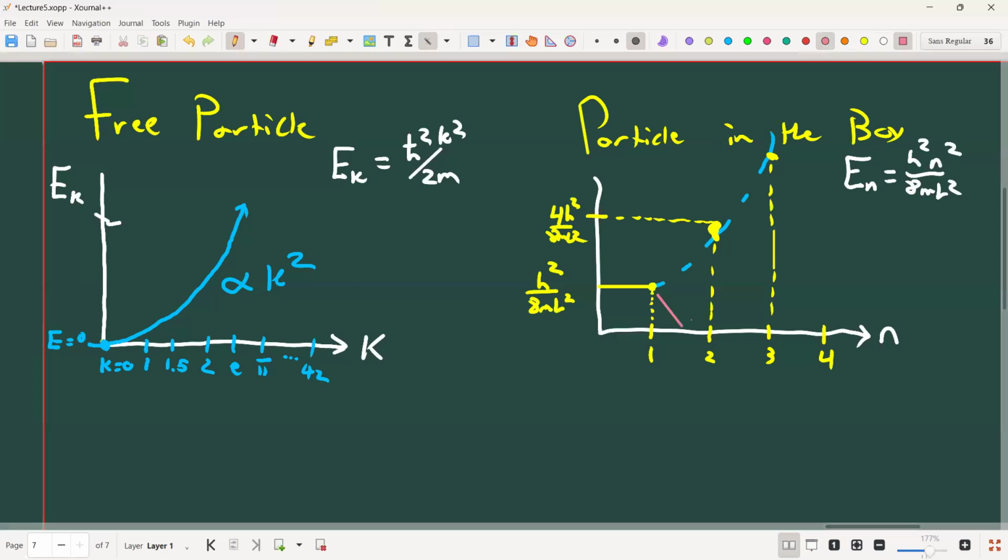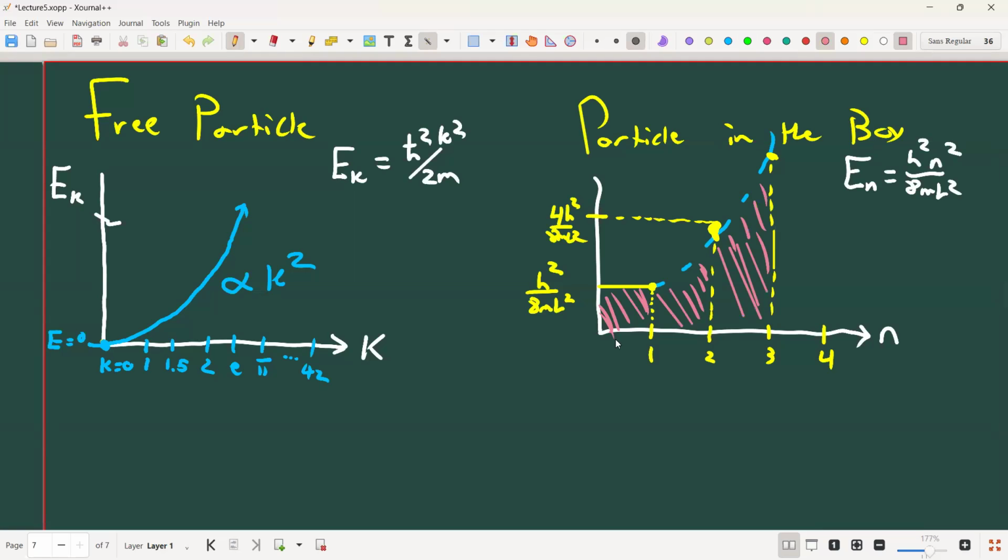So if I have a particle of random energy in my box and I'm asking you what's the energy, I know for a fact, let's imagine I have a random particle and I don't know what the energy is. Measure it. I know for a fact it's going to be here, here, here, 4, 5, 6. It could be any of these, and it's not going to be anywhere in these regions.